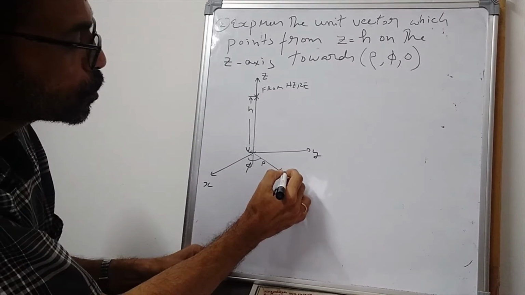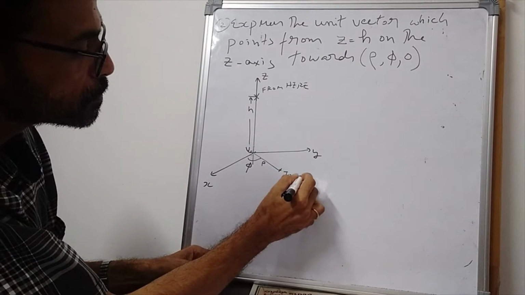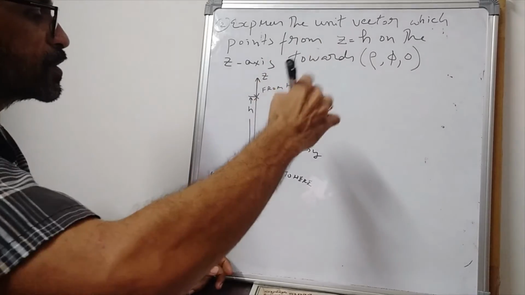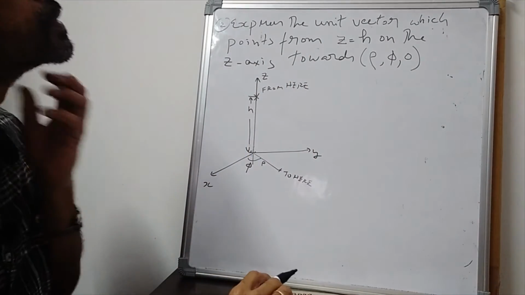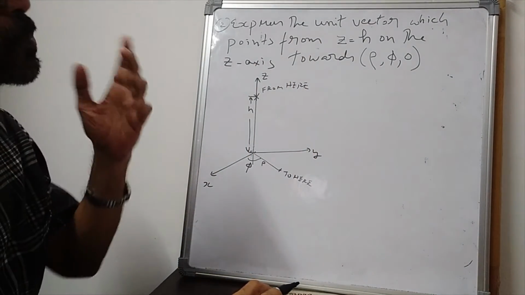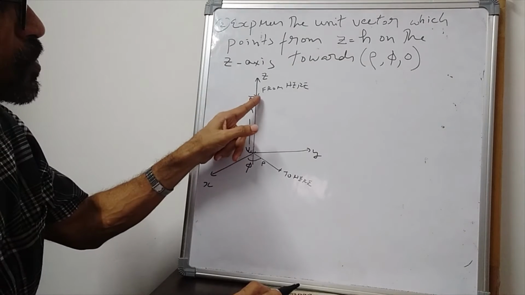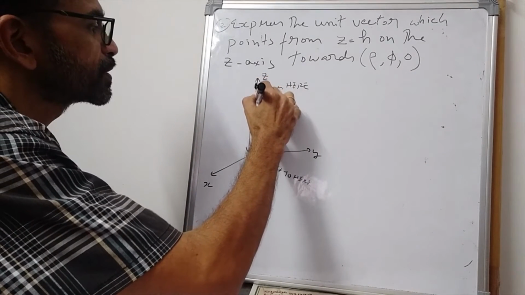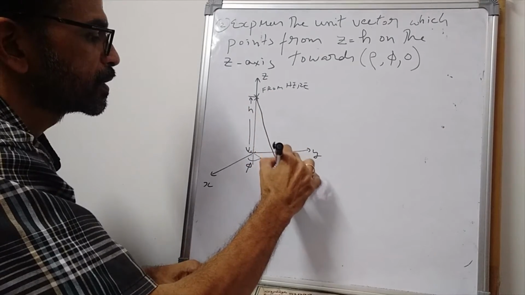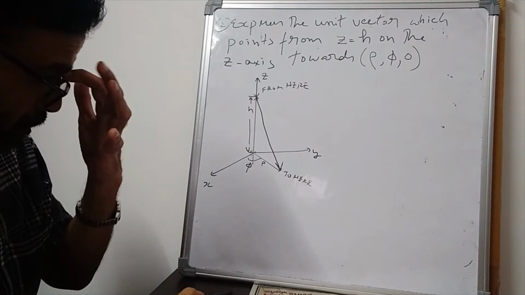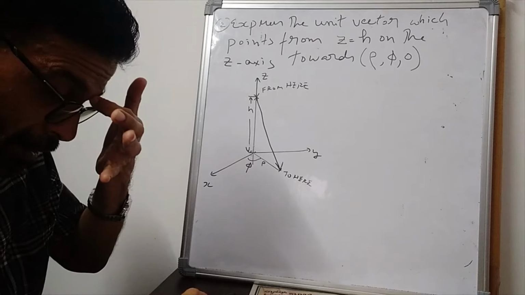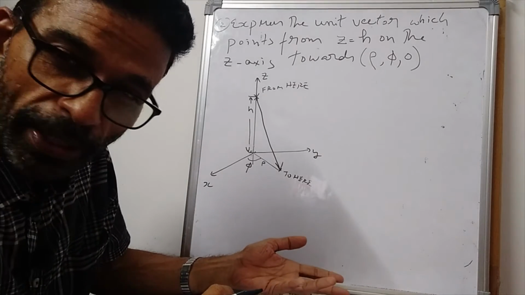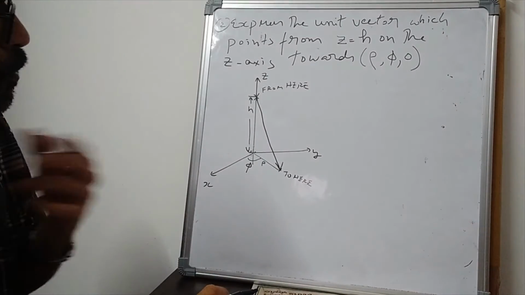So from here to here, that means we have to find out the unit vector. We have to express the unit vector which points from this to this. That means we have to basically find the vector which points from here to here and divide that vector by its magnitude to get the unit vector which we are looking for.